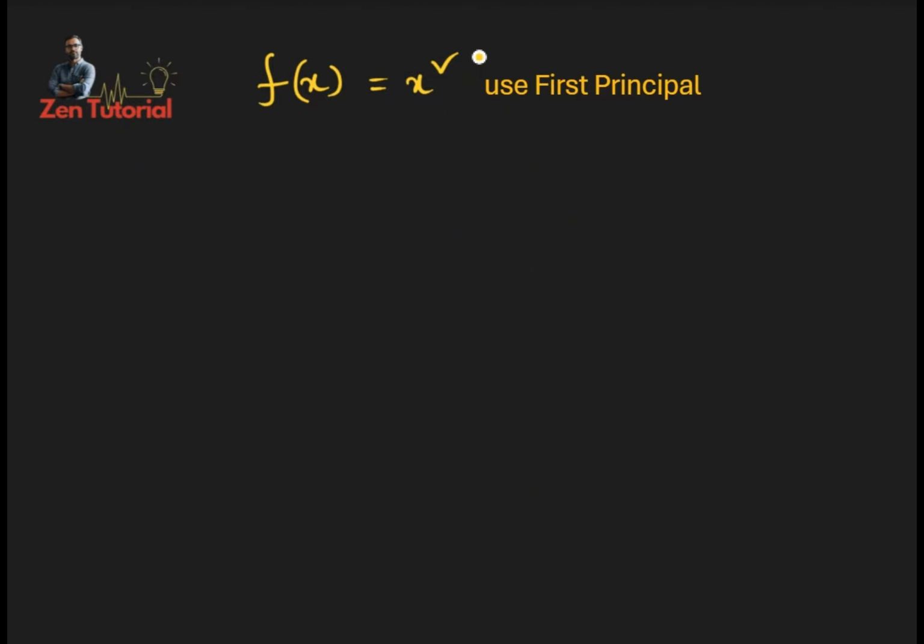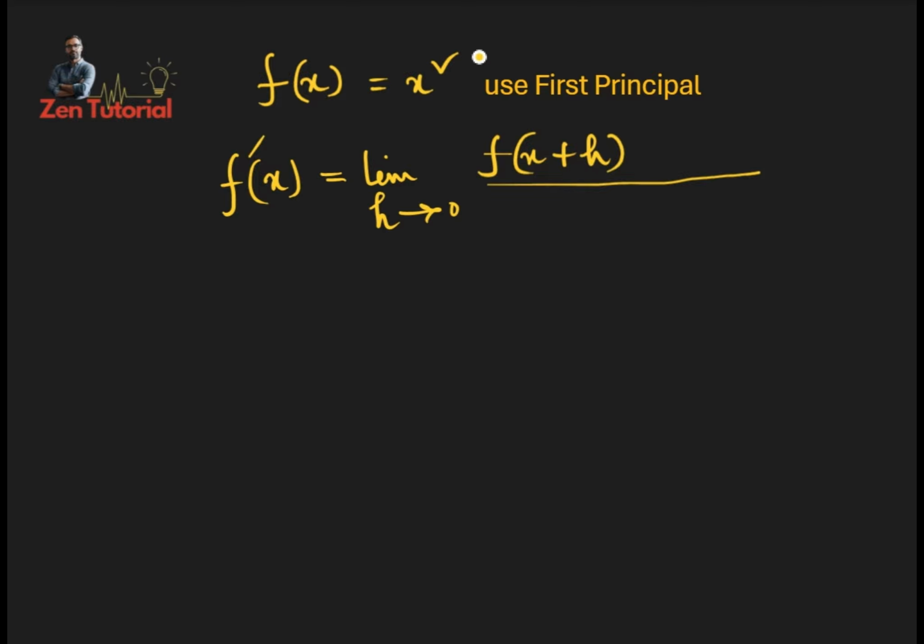By using the first principle, we can write down the definition of first principle. f dash of x is equal to the limit as h tends to 0, where the numerator will be f of x plus h minus f of x, over h.